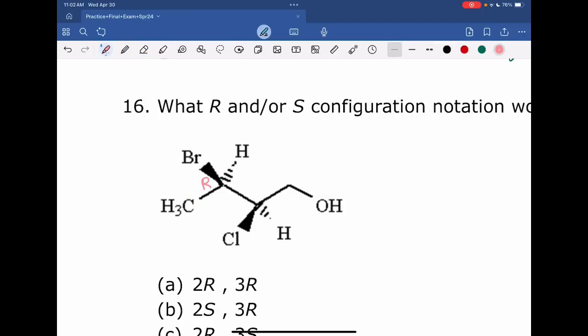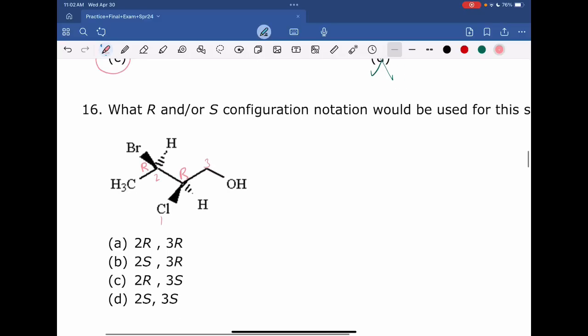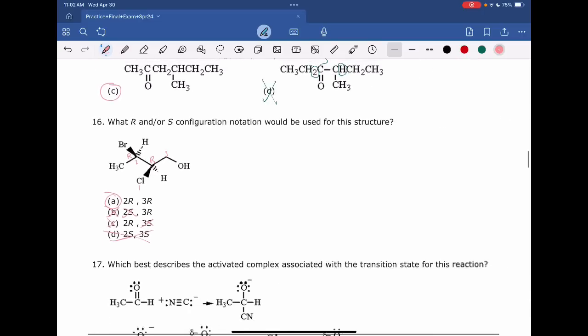This is R. And then this one is 1, 2, 3. Also going clockwise, so it's R. Both are R. So it could be A. This is S, doesn't make sense. B is out, C is out, and D is also out. The only one with both R's is A. Okay.